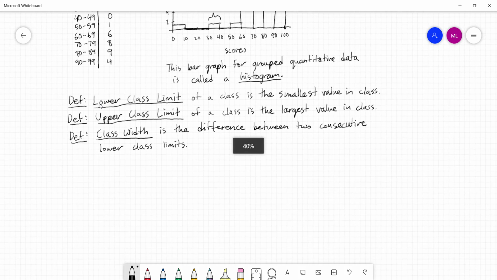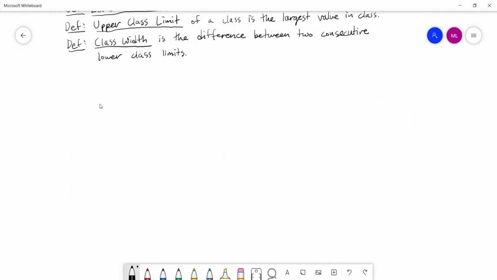So what if we have a different choice to make? What if instead of predefining how big I want the class width to be, I want to specify how many classes to use? So we basically have control over only one of these two things. If I pick how big each class is going to be, that'll determine how many classes it'll take to cover our entire span of numbers that we're interested in.